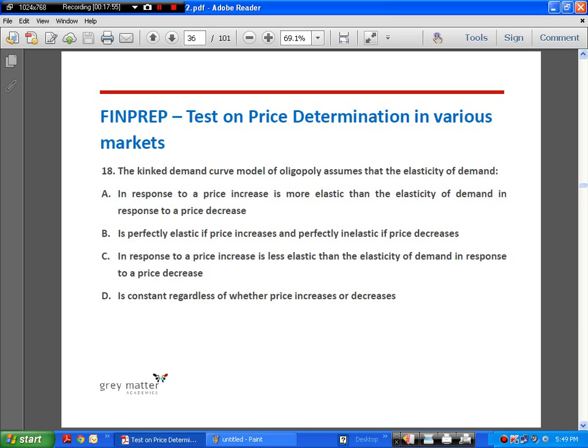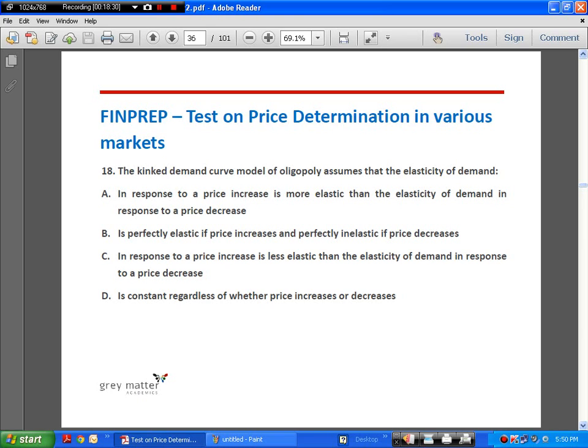Therefore, an increase in price will not be followed by other firms. Or in other words, the firm which is increasing price will be isolated and it will be the only firm which is following an increase in price. Therefore, consumers will feel that only this firm has increased the price. Therefore, they will be more responsive to changes in price. Or in other words, they will restrict their demand accordingly. That is, the elasticity is more.